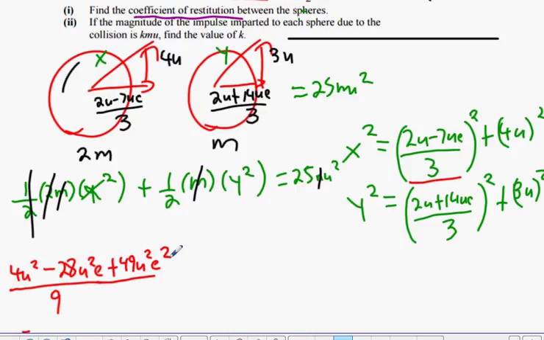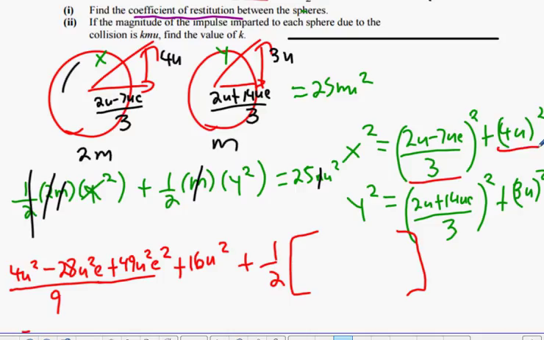Okay, next part. A half times whatever on God's green earth y squared is going to be. Square y squared out, what do we get in the bottom? 9. Oh, I forgot something, didn't I? I forgot the 16u squared. So, everybody realise I forgot the 16u squared, yeah?